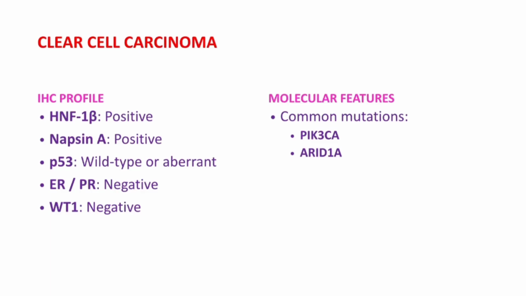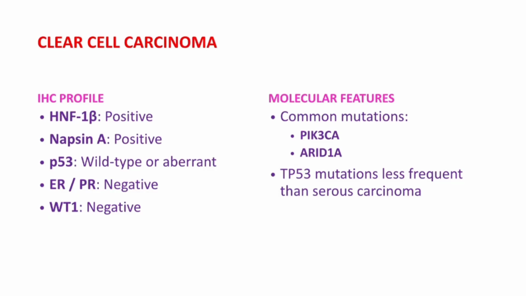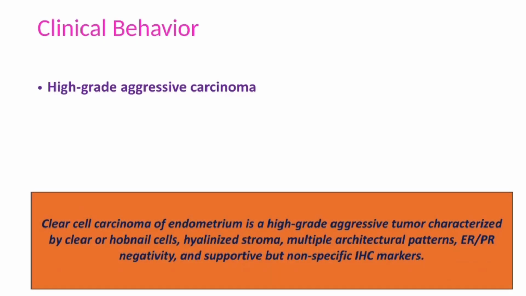So these are the clear cell carcinoma IHC profile, and TP53 mutation is less frequent than serous carcinoma. So because TP53 mutation is less frequent, P53 show wild type or aberrant expression, and it is molecularly heterogeneous group, and its clinical behavior same as serous carcinoma, aggressive in nature.